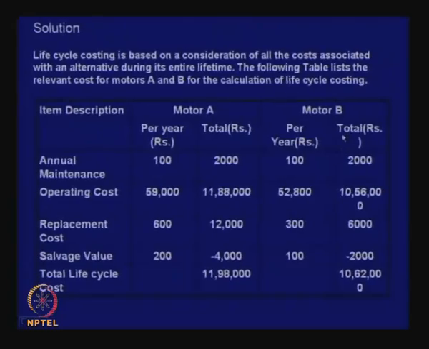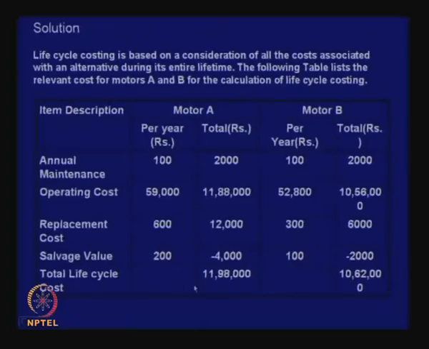For motor B, on the other hand, the annual maintenance cost is the same, the operating cost is a bit lower, the replacement cost is lower because each unit lasts longer, and the salvage value is this much.